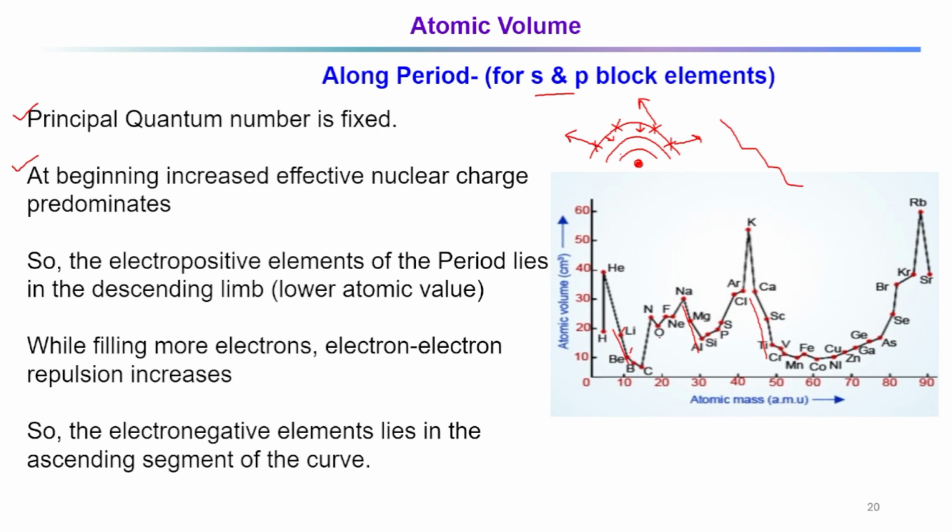You can see these electronegative elements are lying in the ascending curves here. Now first the effective nuclear charge was dominating, and next the electron-electron repulsion will dominate. So although size will not increase as much, the atomic volume will start increasing.